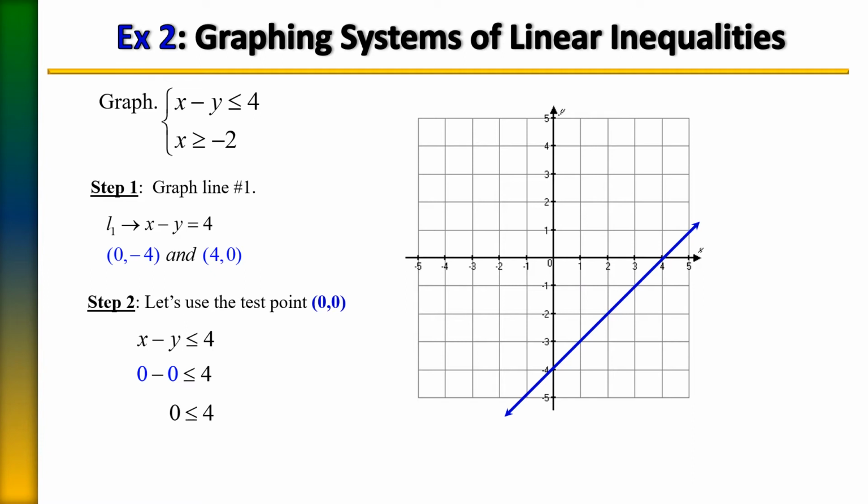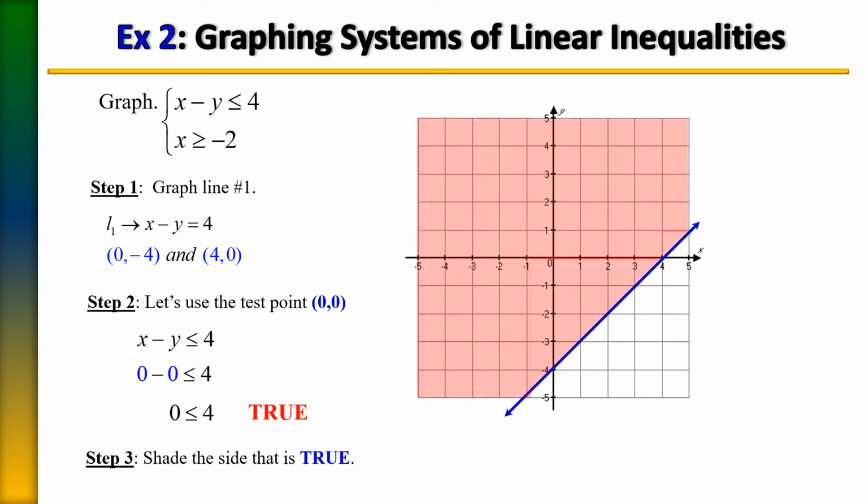That is a true statement, and since we tested the upper region, which is at 0, 0, since that region is true, that means that everything up in the upper region is true, and that is where we would shade.